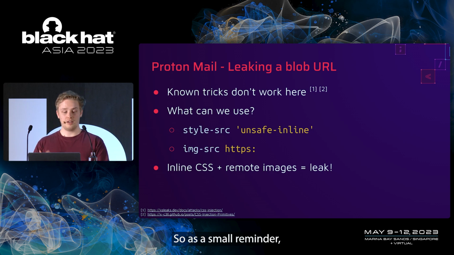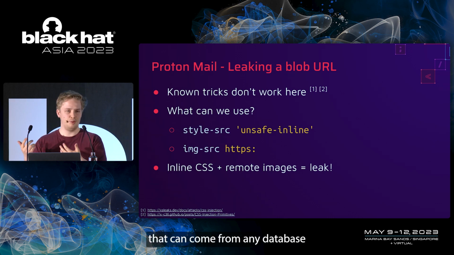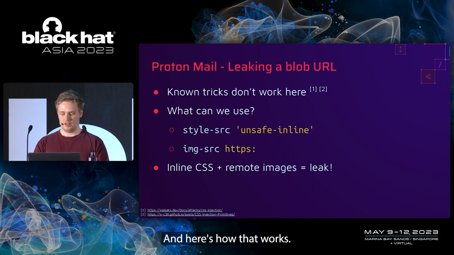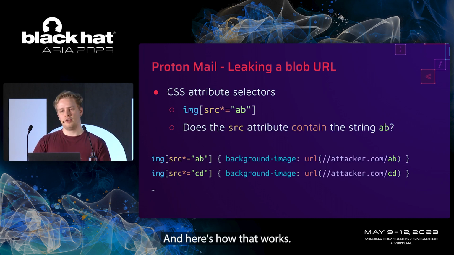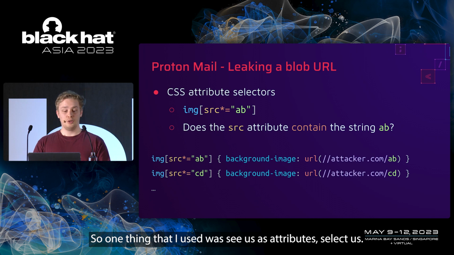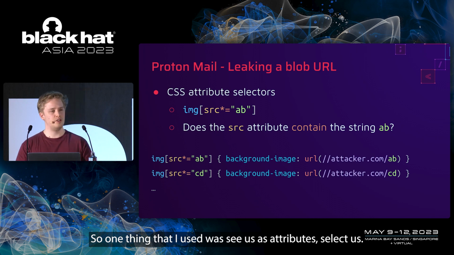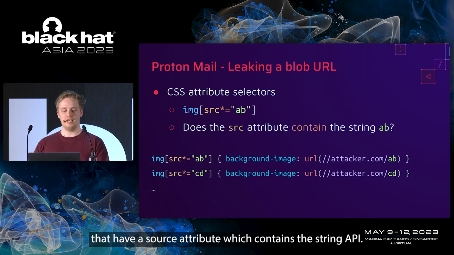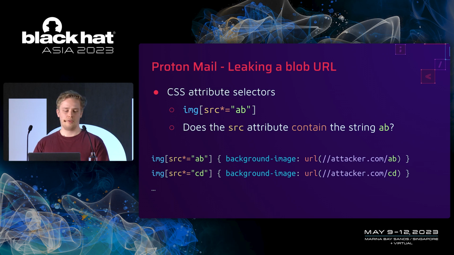So as a small reminder, inline styles plus images that can come from any HTTPS URL had to be used to create some kind of a leak. And here's how that works. So one thing that I used was CSS attribute selectors. This is one example. And it just selects all the image tags that have a source attribute, which contains the string AB.